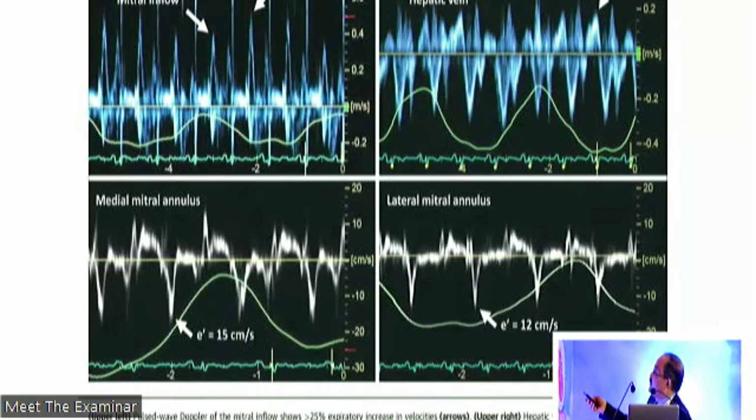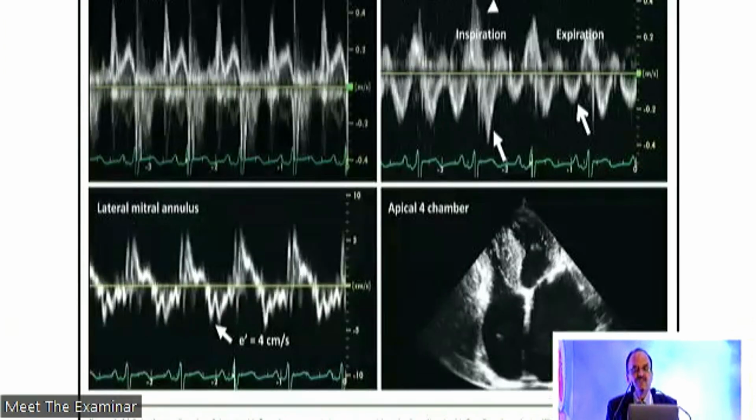It is an expiratory hepatic vein flow reversal, which is seen. It is also noted that the E prime is less than 15 centimeters, and in the lateral mitral annulus, the E prime values are even lesser. So these are some of the features of constrictive pericarditis.